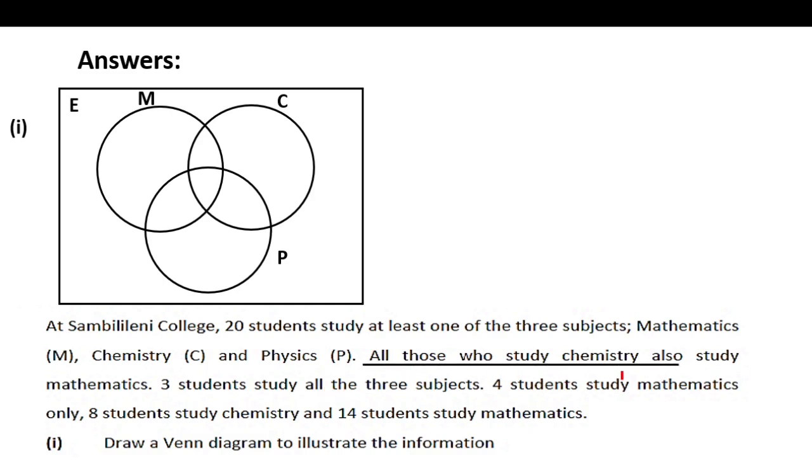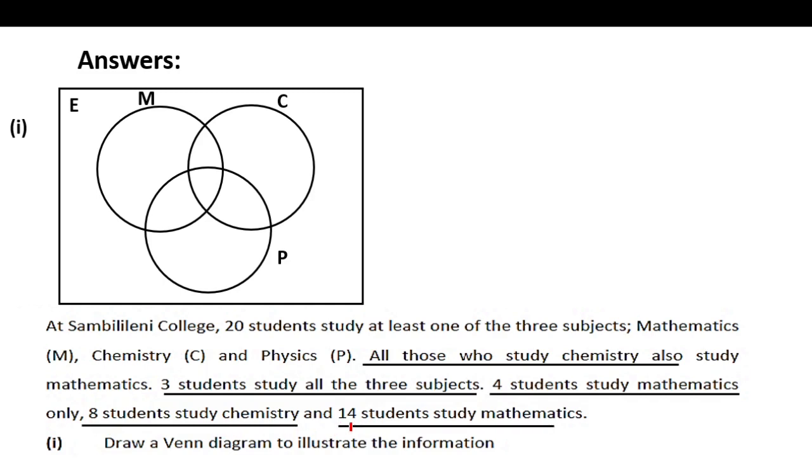All those who study chemistry also study mathematics. 3 students study all the 3 subjects. 4 students study mathematics only, 8 students study chemistry, and 14 students study mathematics.